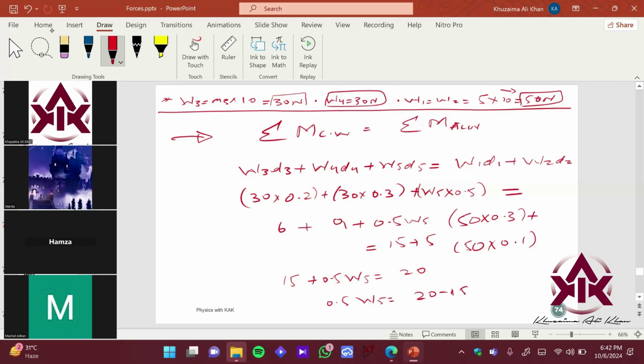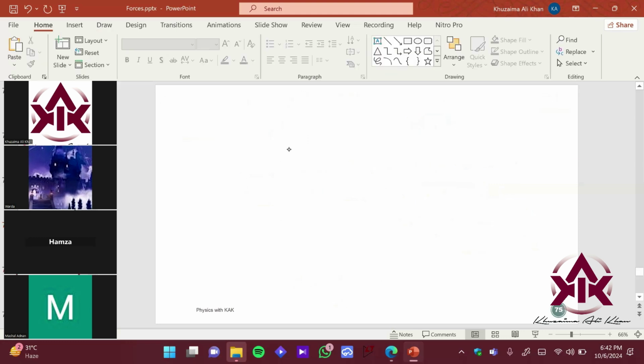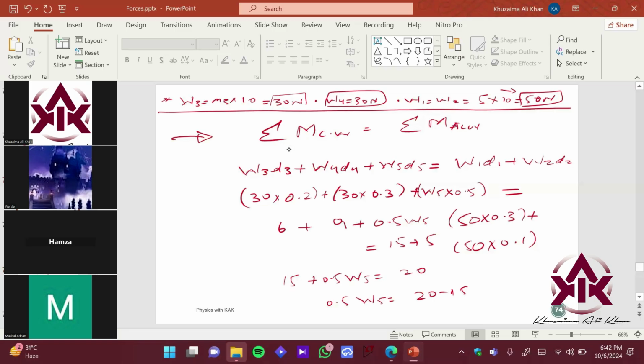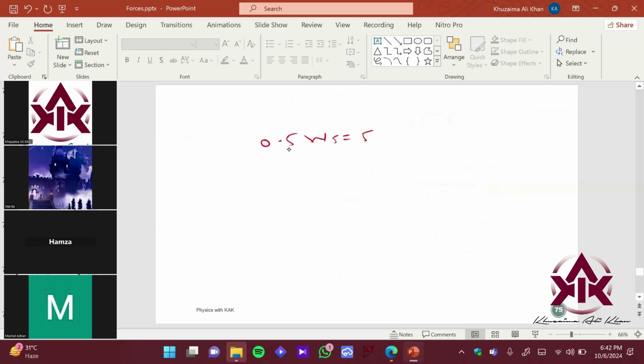So let me add another slide. You get 0.5 W5 equals to 5. Now let's get the value of weight 5 and the mass 5. That is going to be 5 times 2, because 0.5 is 1 upon 2. So W5 is coming out to be 10 newtons.